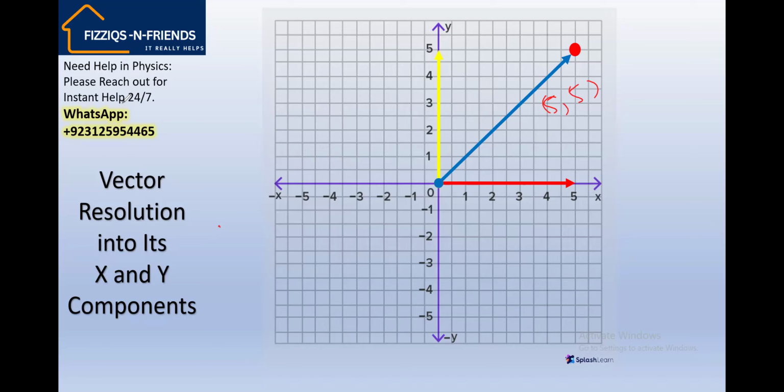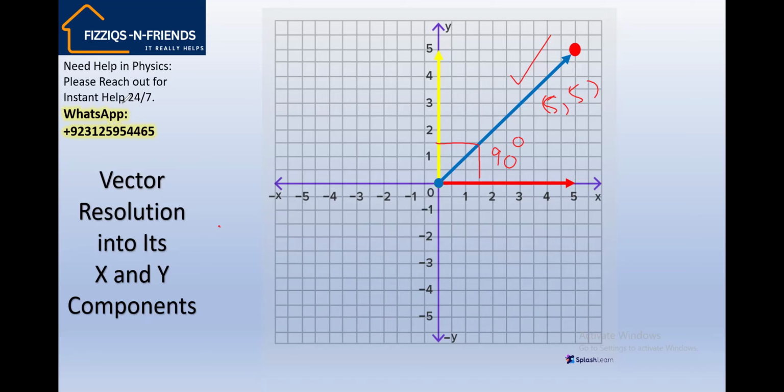You need to see that these two components are at 90 degrees to each other. This is a very important concept. If a vector lies along both x and y, then it has two components, one along x and one along y, and these two components are always perpendicular to each other.